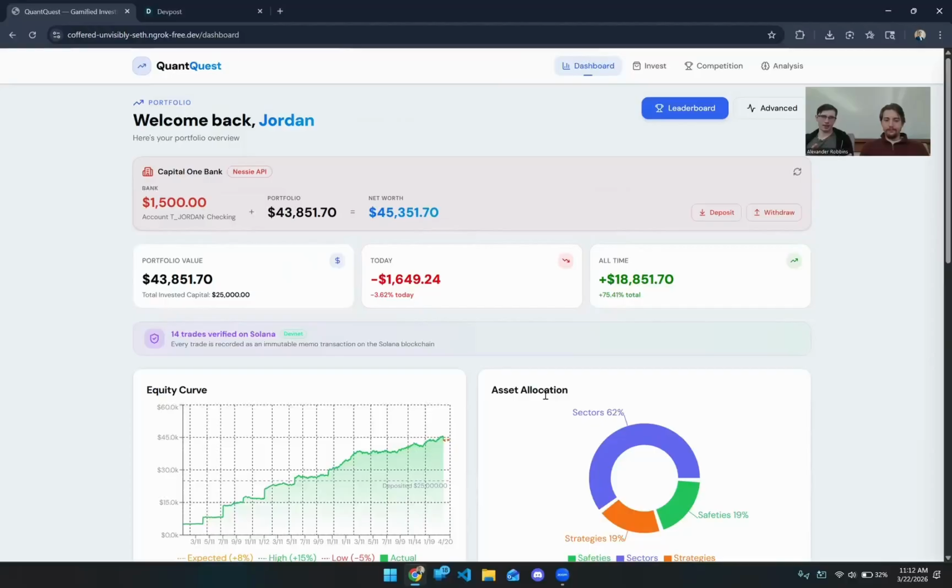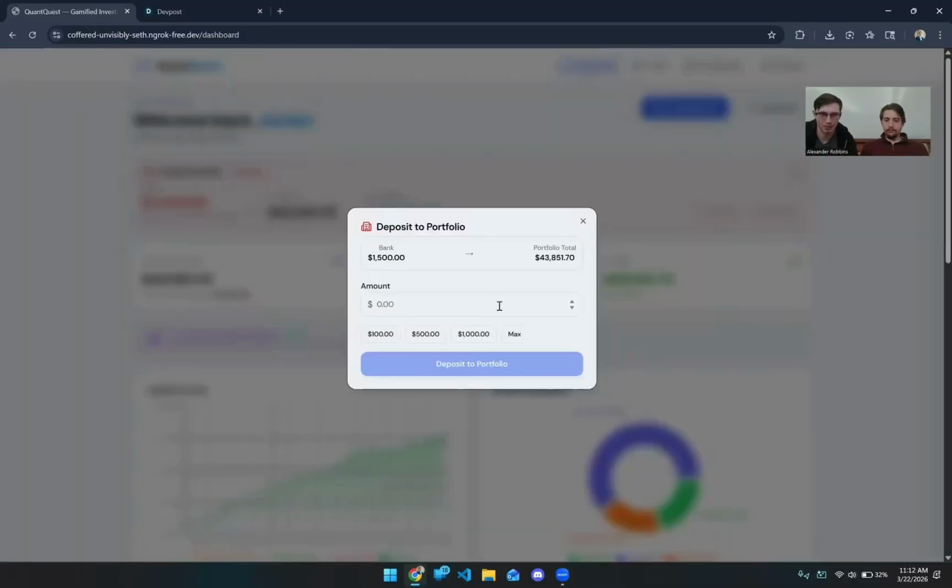Home screen, this replicates the functionality of your standard brokerage account with an actual investment portfolio and then a separate checking account for holding cash. You can deposit $1,000 into the portfolio here.